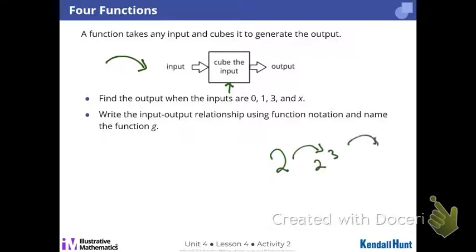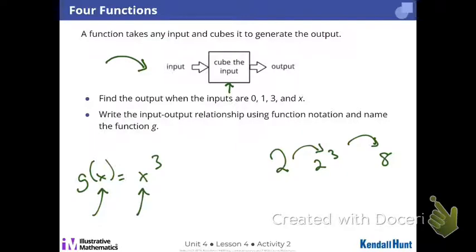Our output then would be 8. The input-output relationship using function notation in this case would be g of x equals x cubed. So the function of the input, x, equals whatever that is cubed to give our output.